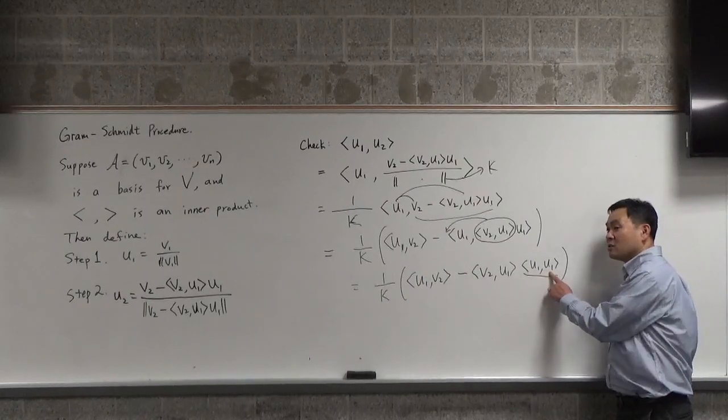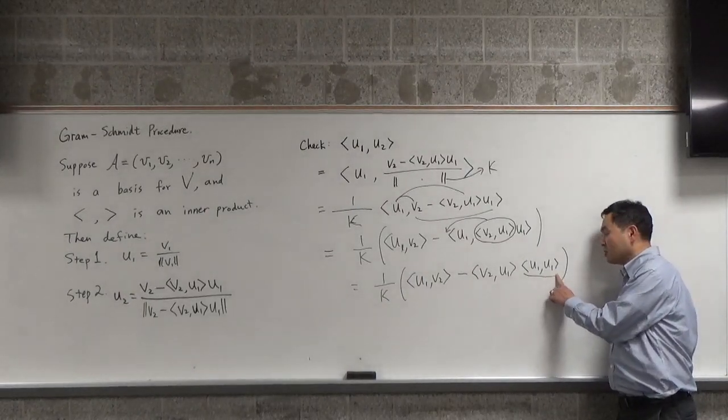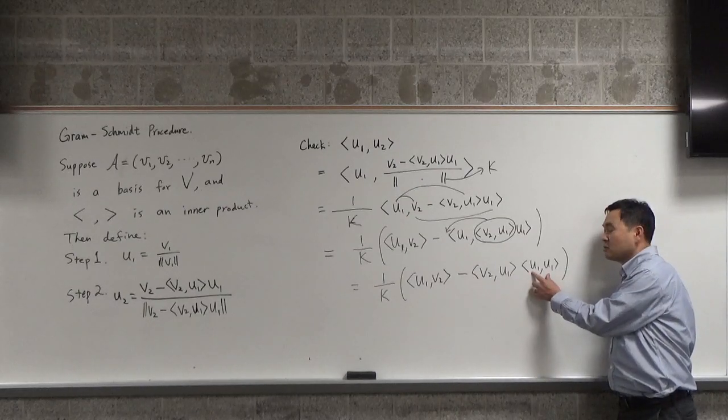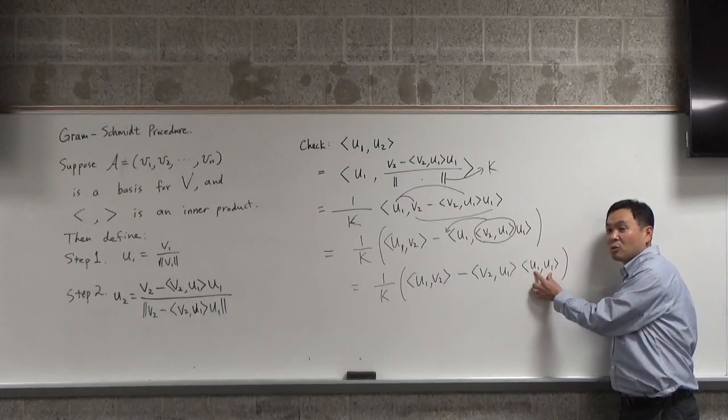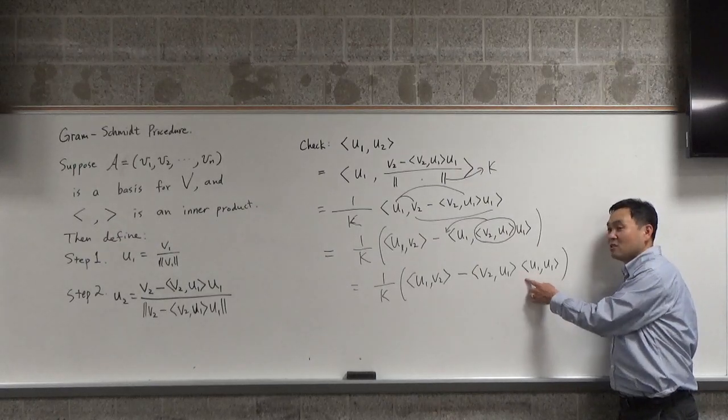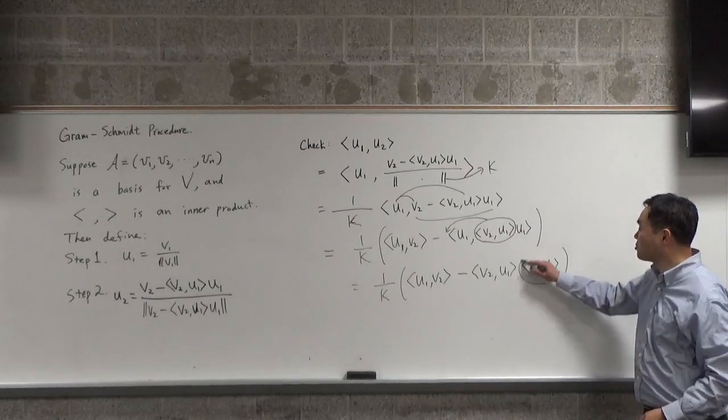Any vector's inner product with itself is the same as its norm squared, by the positive definite property. What's the size of u1? It's 1, right? It's a unit vector. So it's 1 squared, which is just 1.